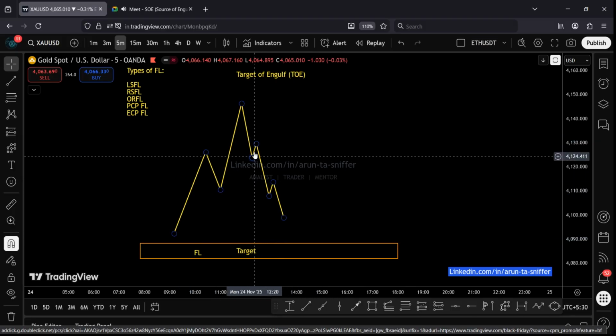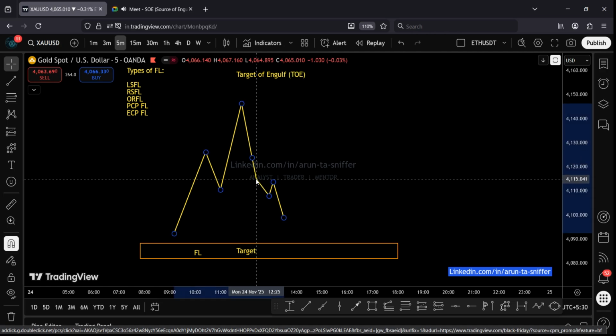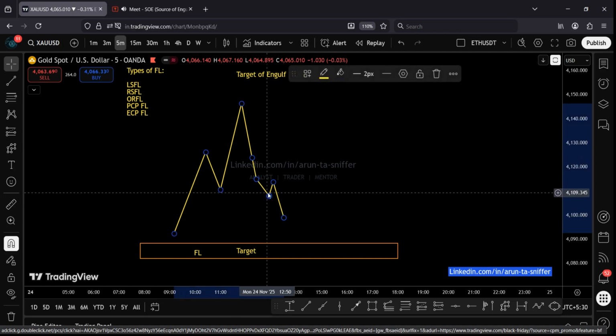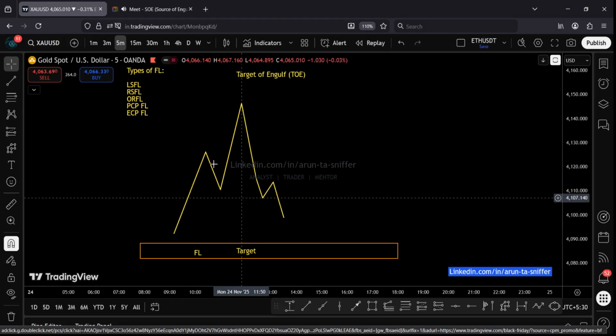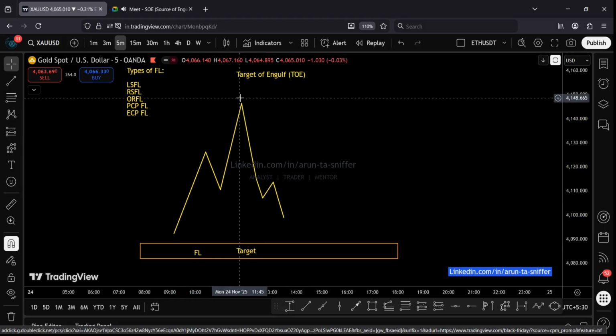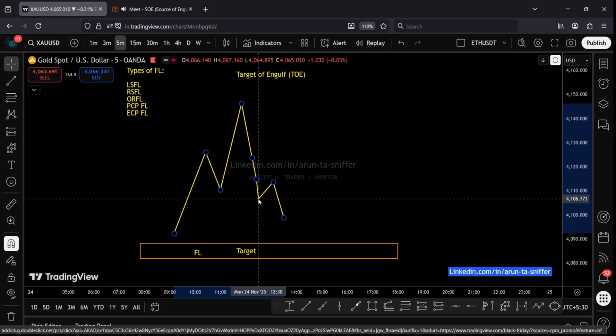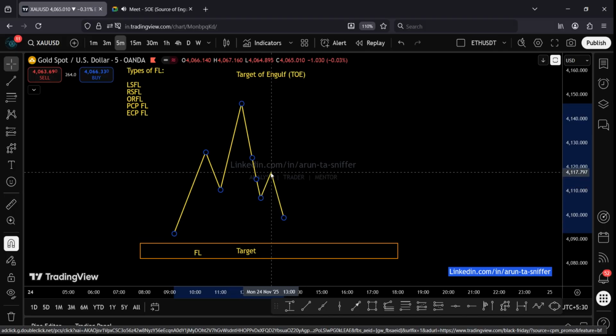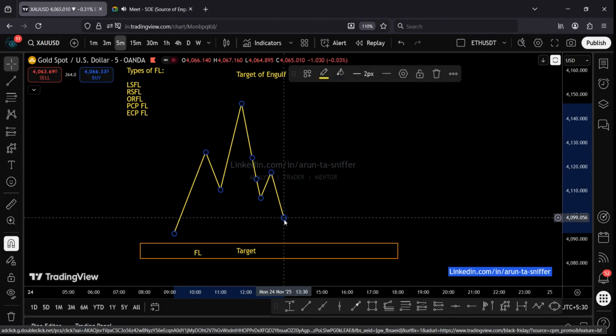So think like price coming from here. Price makes high, low, higher high, and now coming here and goes back a bit here and comes down here.